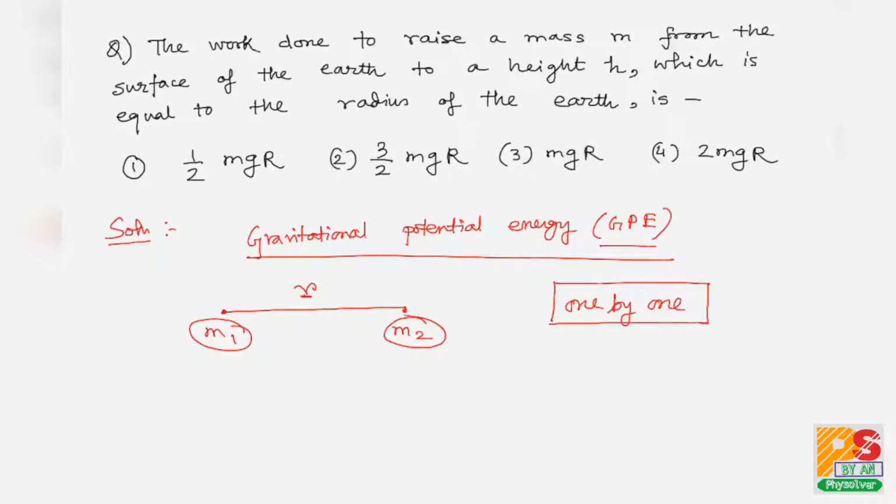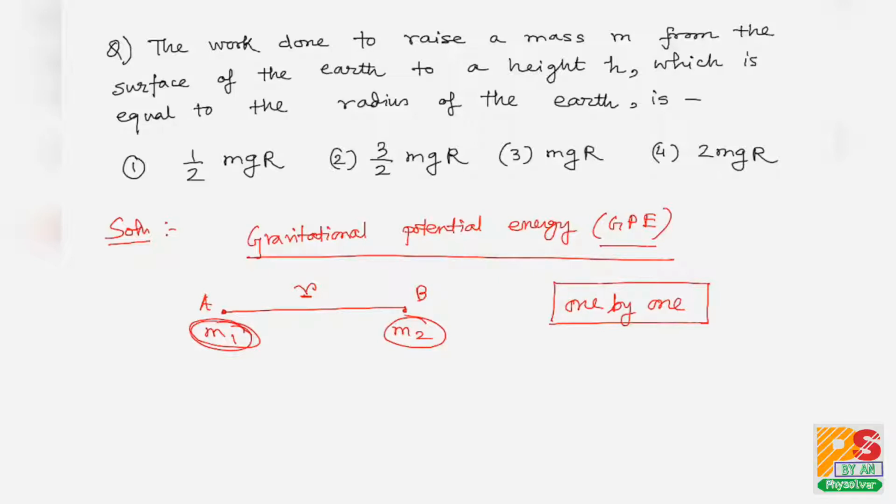Now coming to this system, suppose m1 and m2 are situated at points A and B, which are at a distance r. First there are no masses. Now we bring m1 from infinity to point A. What will be the work done? If there is no mass, there is no gravitational field.